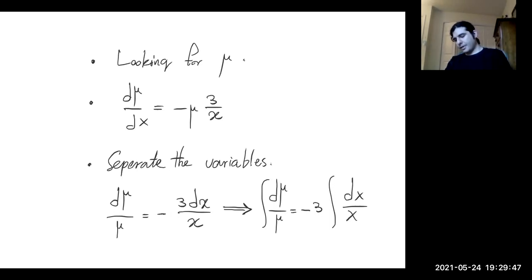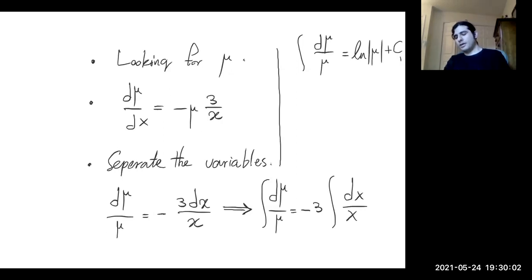So the integral of d mu over mu is ln of absolute value of mu plus a constant, say c1. Same thing is correct for x.